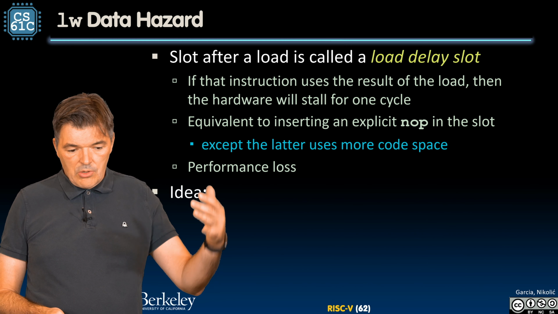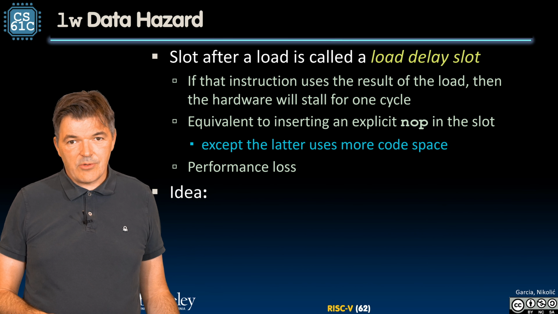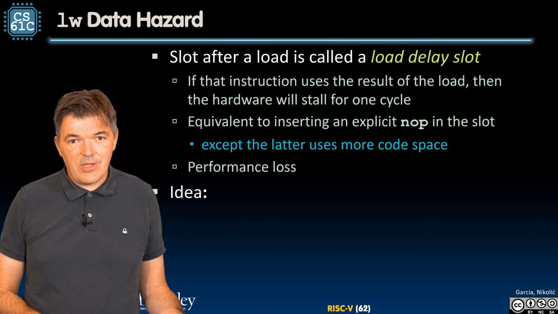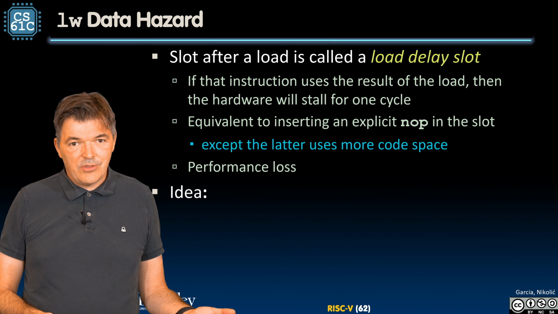Let's go through the list of instructions that we would like to execute, and if we find one whose operands do not depend on the result of the load, then just put it into that delay slot. All right, so that's the idea, and there is no performance loss. The burden of doing that is generally put on the compiler. Let's see how that works.